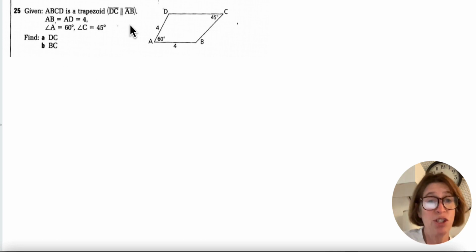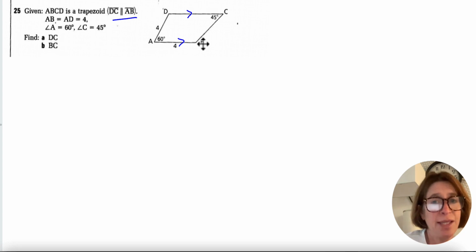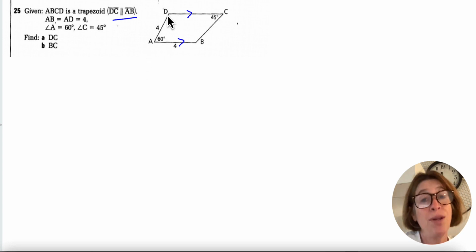The last question I want to go over is number 25 on the last page. They gave us a trapezoid. As a reminder, a trapezoid is a four-sided figure with one pair of opposite sides parallel, which they gave us. They said that AB and AD were 4, and they wanted us to find DC and BC. So we have some work to do here, and those 60s and 45s are sticking out like a sore thumb. But we need right triangles if we're going to use any of the special relationships.